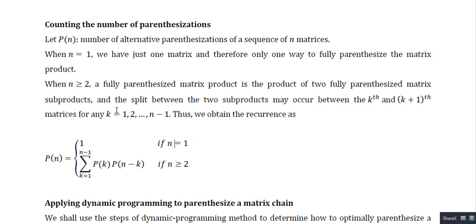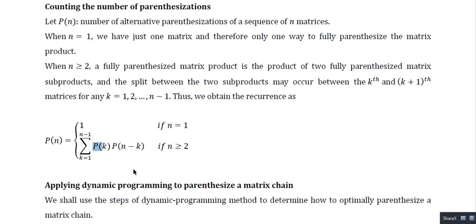Now if n is greater than or equal to 2, meaning the number of matrices is more than 2, then we have to go for parenthesization. If we are doing the parenthesization around the point k, then one part will be k and another part will be n minus k, and that k varies from 1 to n minus 1.